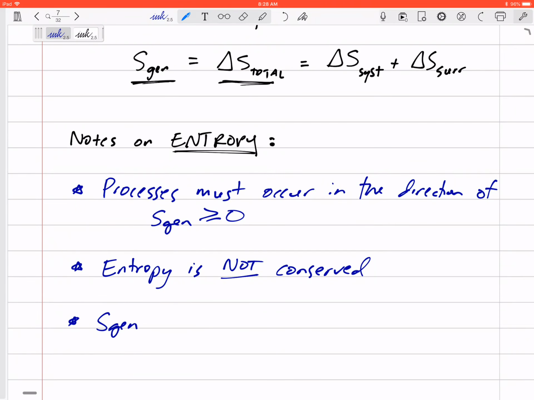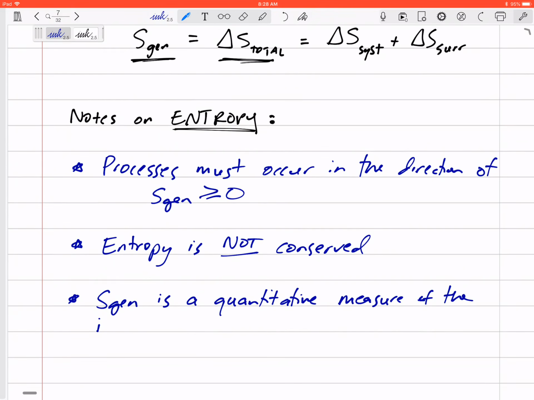This S-gen term is a quantitative measure of the irreversibilities in the process.